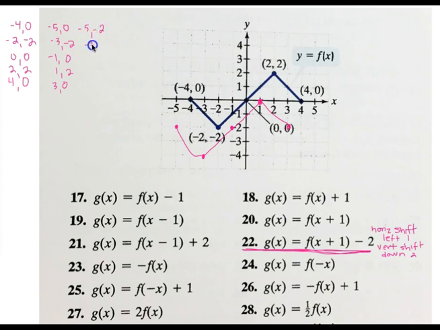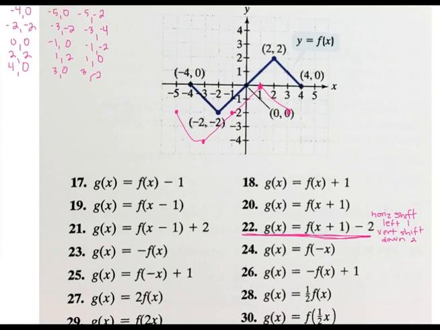If I do that, then these are the points I would end up with. Notice that they're the exact same points I got from doing it this way. So I just want you to realize that you have multiple options there.